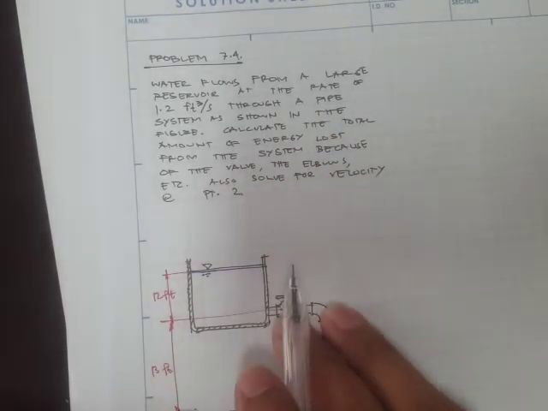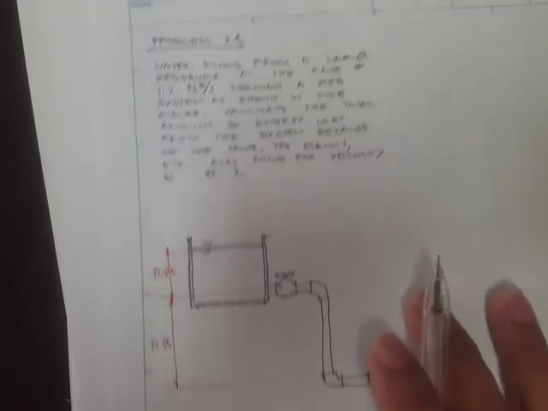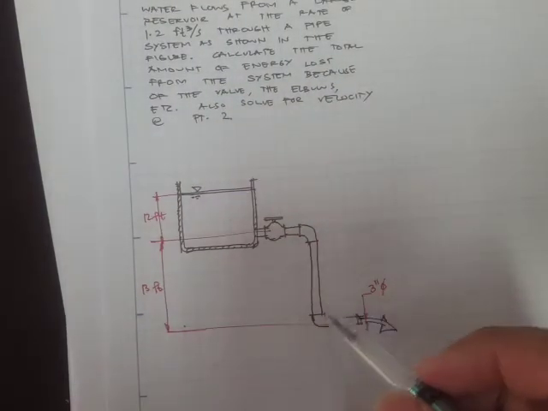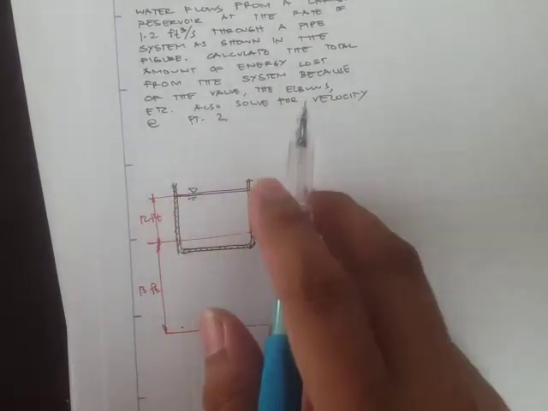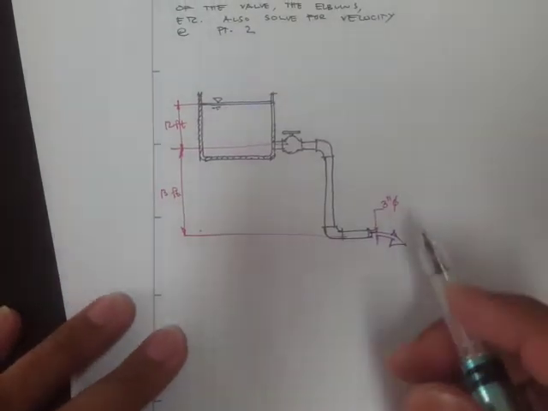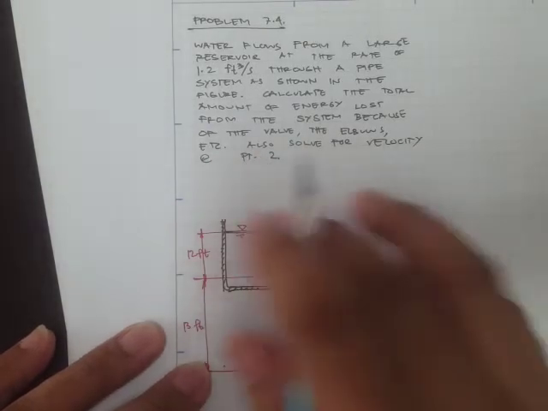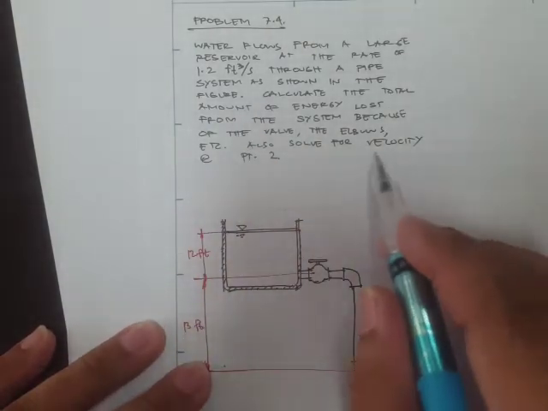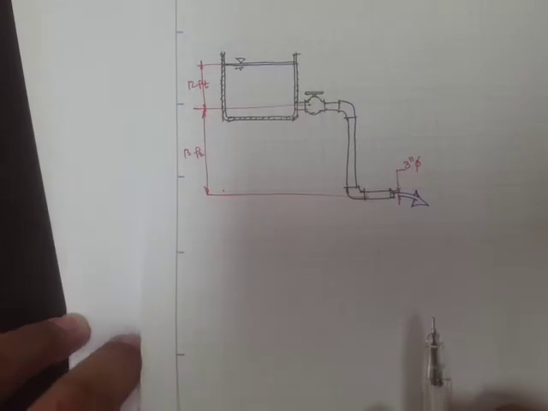Calculate the total amount of energy lost from the system because of the valve, the elbows, and other parts. Also solve for the velocity at point 2. This is actually an addition to the original problem, so that's to solve for the velocity at point 2.